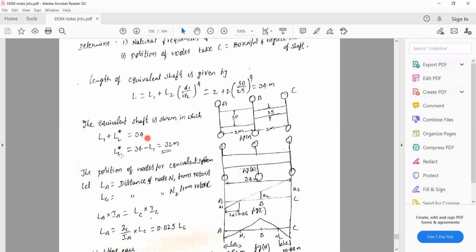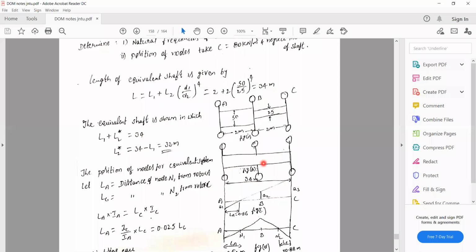L2 star indicates the extra length. So in the diagram we have drawn, the diameter is 50 mm but the length is 34 meters.